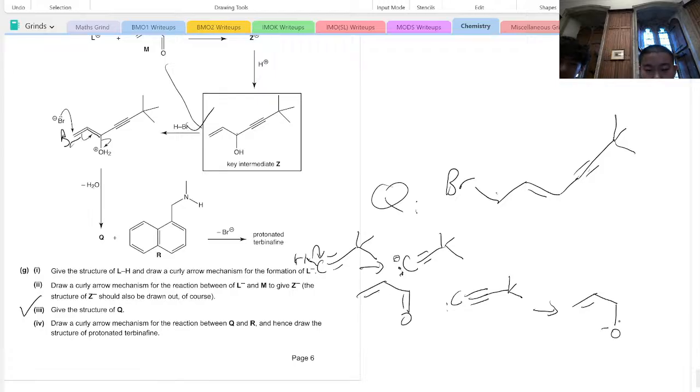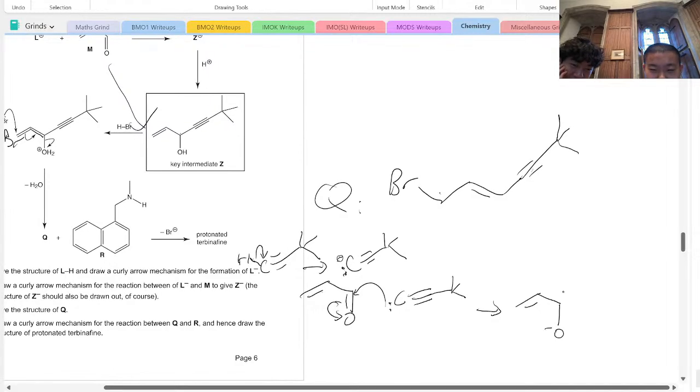Does the double bond stay? I don't know. No, I think the double bond goes away. I think this happens. I think it's like this, if I'm being honest. Yeah, that's it. I mean, it's like Legos. You just gotta see where it connects.